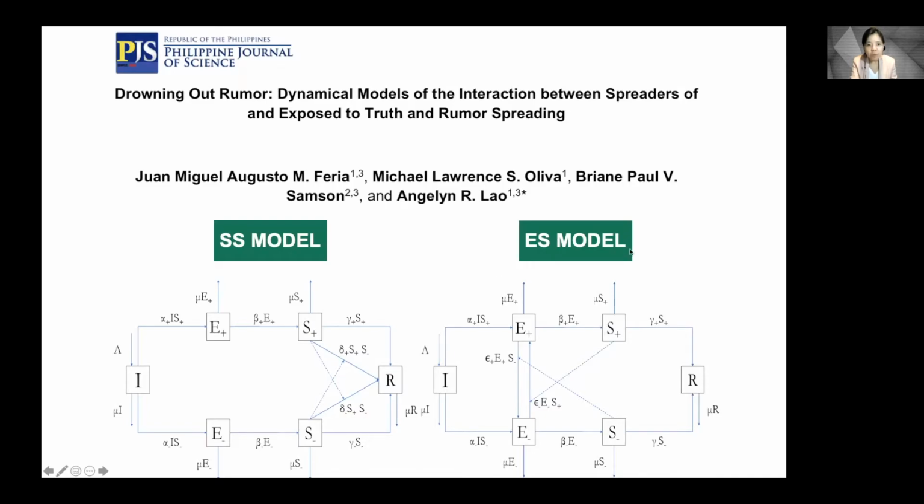Whereas in the ES model, which is the exposed-spreader interaction model, the spreader tries to influence those who are exposed individuals from the opposing side.